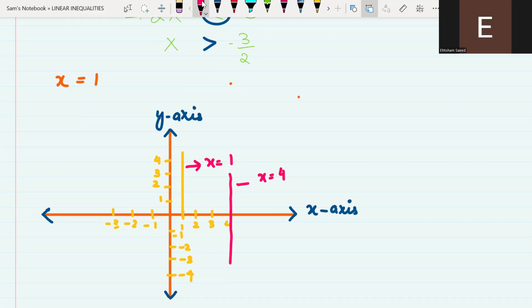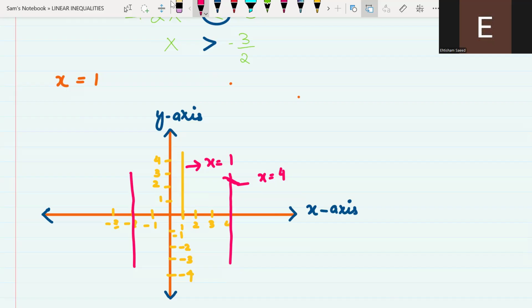No, sir. Can you explain again? I'm talking about line drawing. For example, the vertical line that is passing through 4, what do we call it? That will be called x is equal to 4. What will be the equation of the vertical line that is passing through x equal to minus 2?